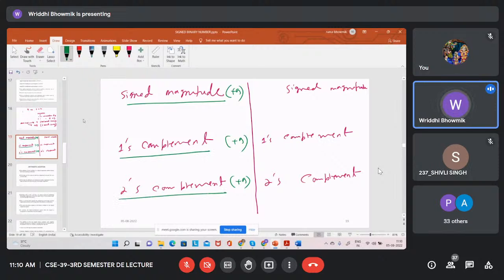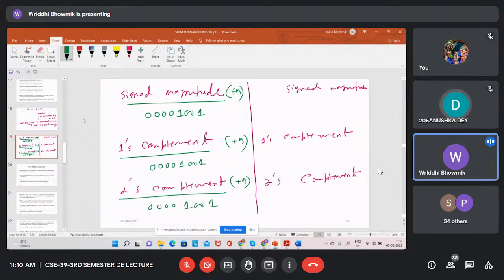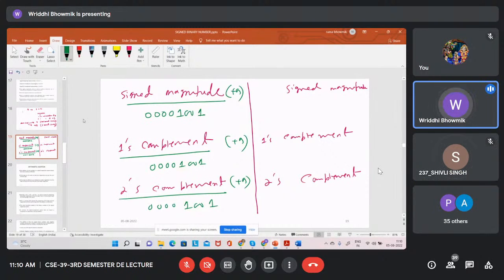For these three techniques, the representation of plus 9 will be identical. That will be nothing but 1001 with 4 zeros before that. The same thing happens with ones complement representation, and the same with twos complement representation. So the positive number representation in signed magnitude, ones complement and twos complement will be identical.